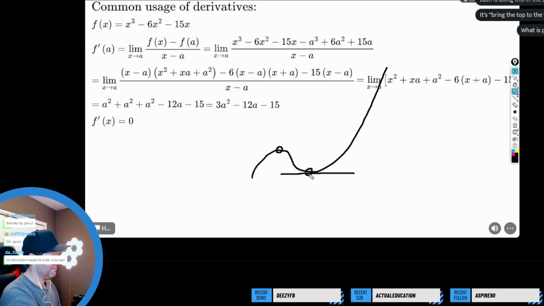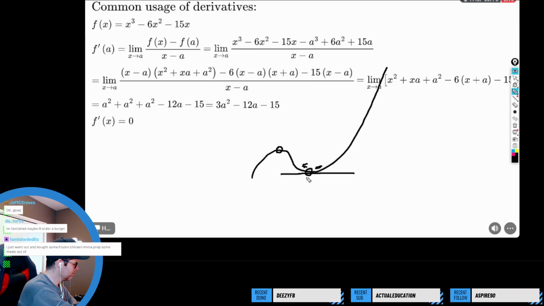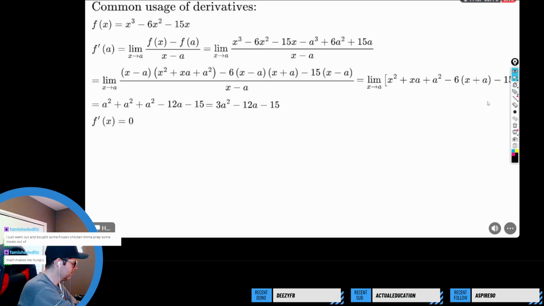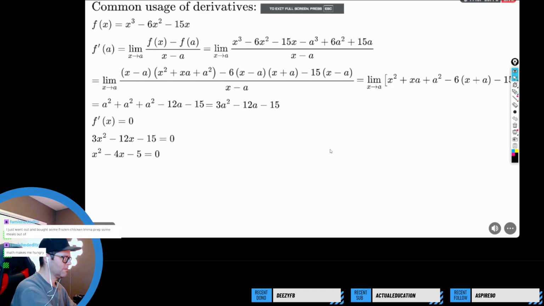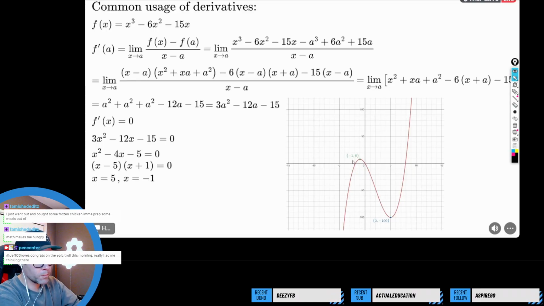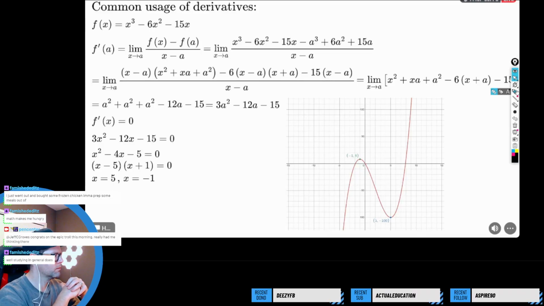At this point, if we take a little nudge to the right or a little nudge to the left, it doesn't matter, we will still be at pretty much the same number. And if we solve it, we can get these 2 points, which we can see are actually the minimum and maximum points of the said function.